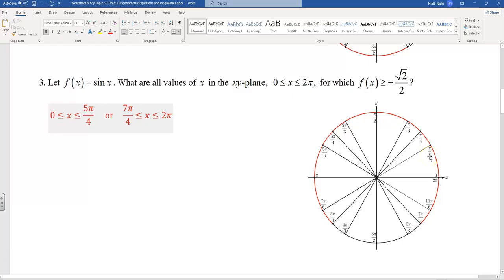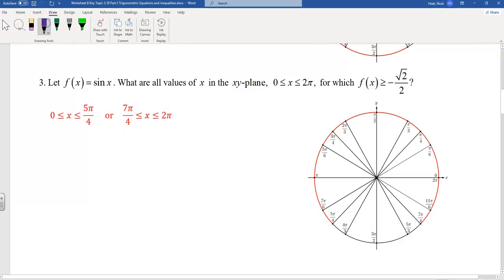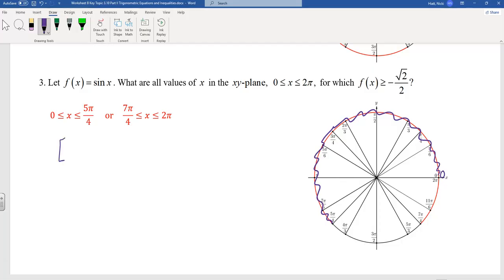So you always have to start right here at 0 whenever you're giving your answer. You say, all of this is my answer up to here. So if you use brackets, it's going to be 0 to 5 pi over 4. And then none of this is my answer, but I pick back up here.